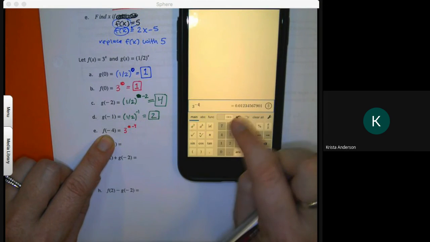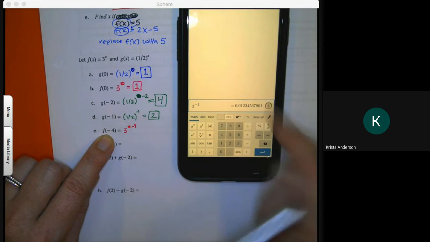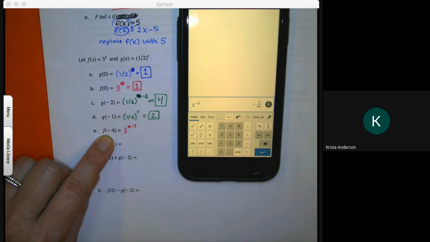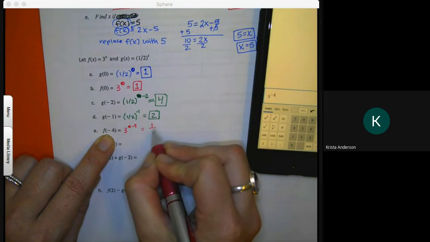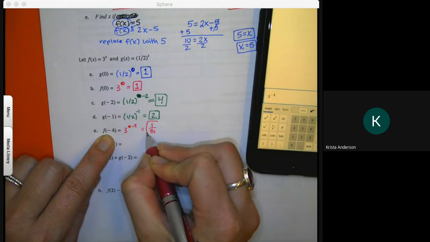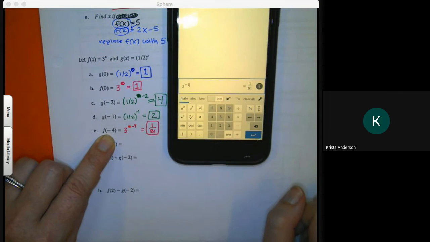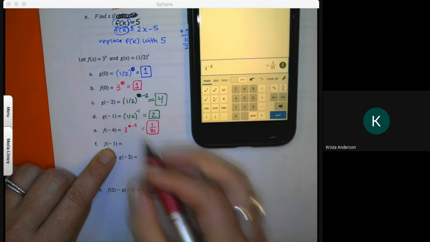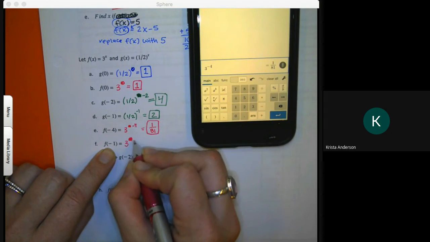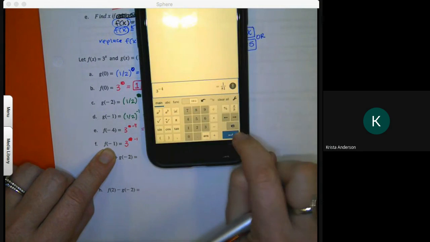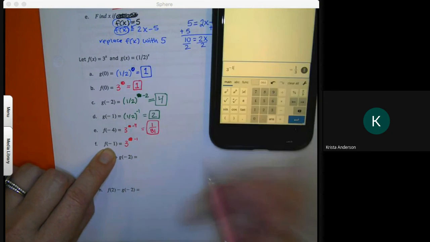If it gives you a long decimal, you may type in that whole decimal. I'm going to do the fraction because that's less writing. It's 1/81. Now I have 3 to the power of x again, but I'm replacing it with a -1. So I'm going to get rid of that 4 and make it a -1, which is 1/3.